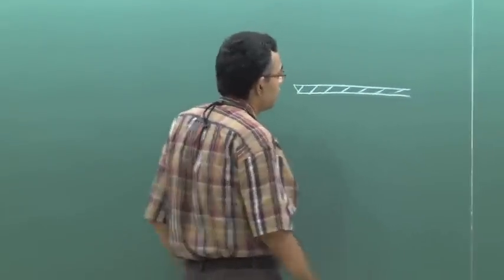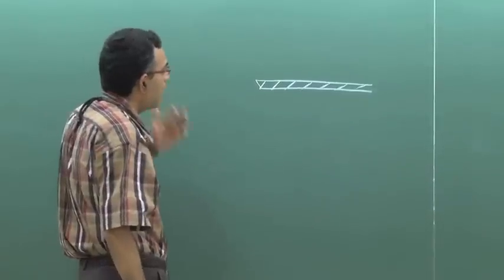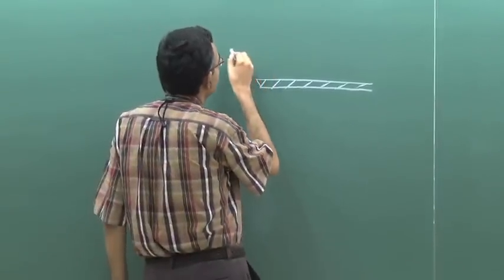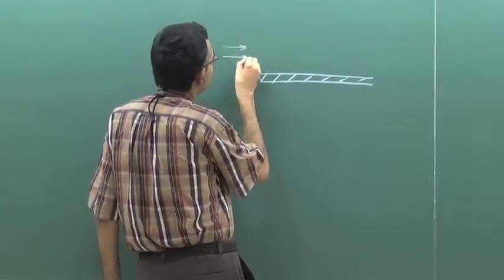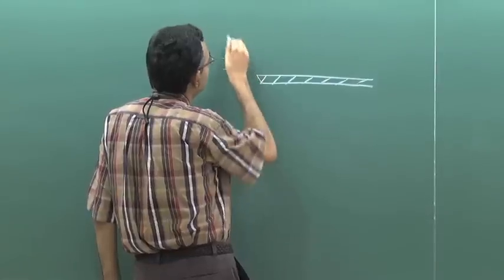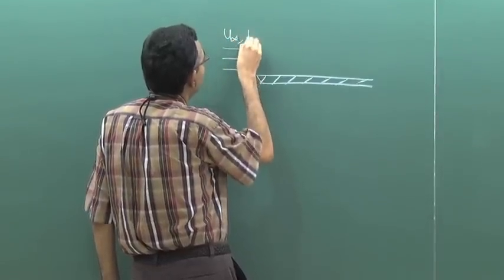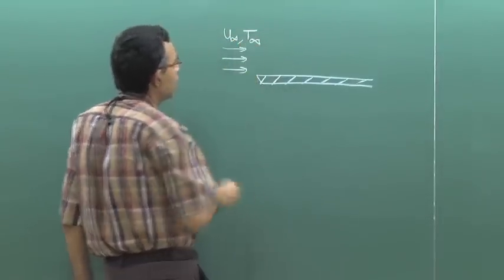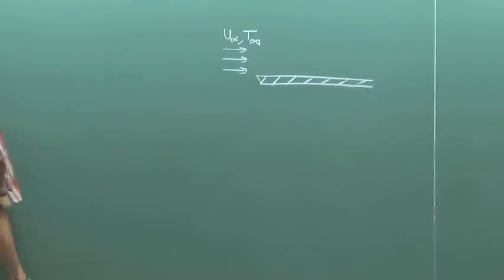Let us say that you have a solid boundary and fluid is coming from free stream with a velocity u infinity and temperature T infinity.